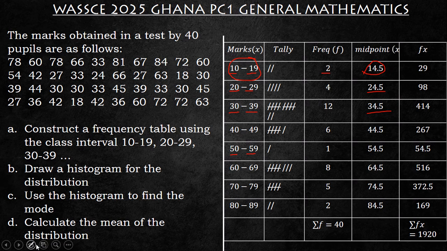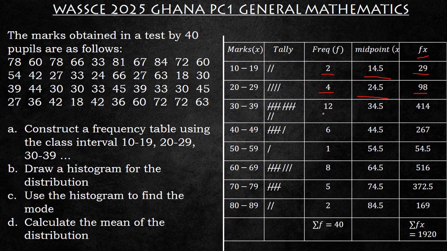So now after getting our x values, the next thing that we have to do is to find the fx. That is the frequency multiplied by the x values. So 2 times 14.5, that is 29. Then 4 times 24.5, that is 98.